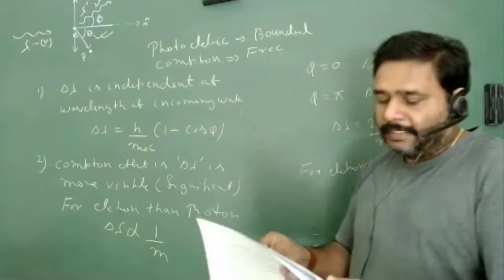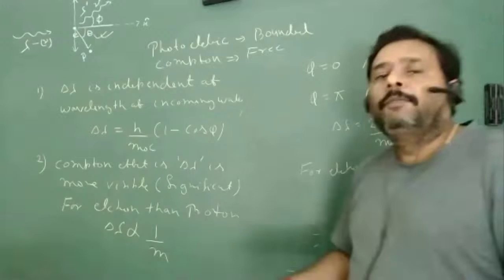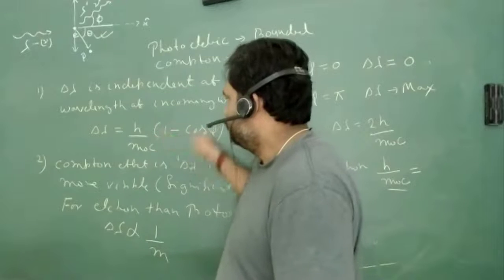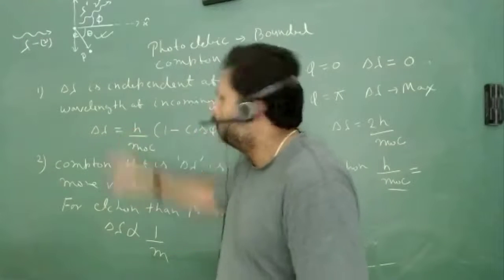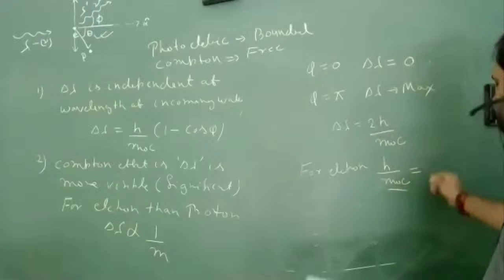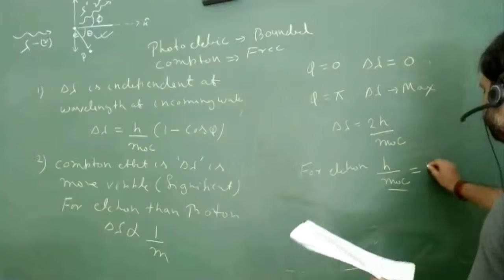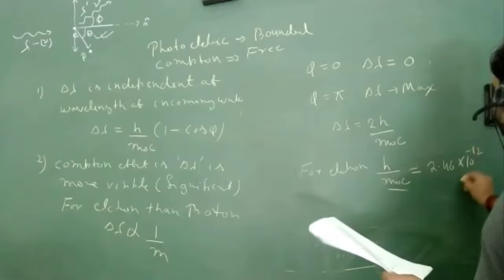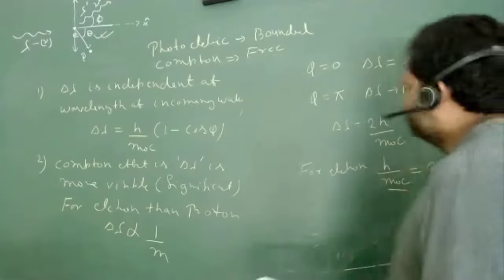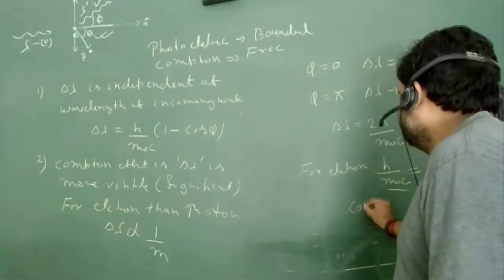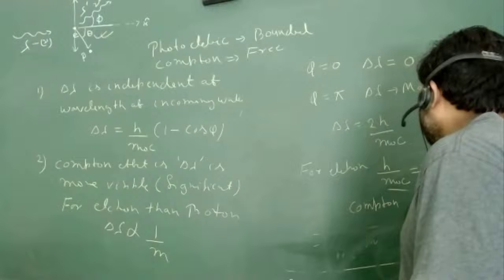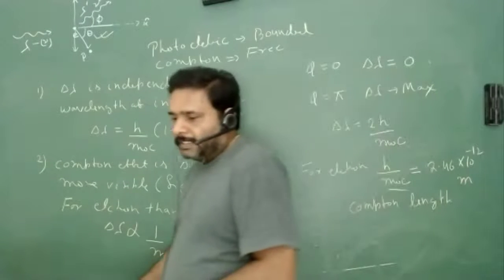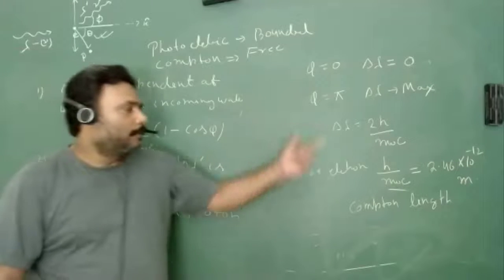This is known as the Compton length, since it has the dimension of length. Its value is 2.46 times 10 to the power minus 12 meter. So these are the main observations, and you can use this numerical value.